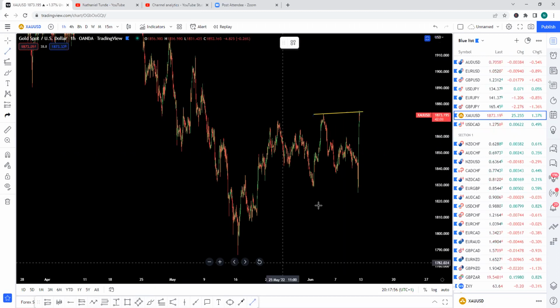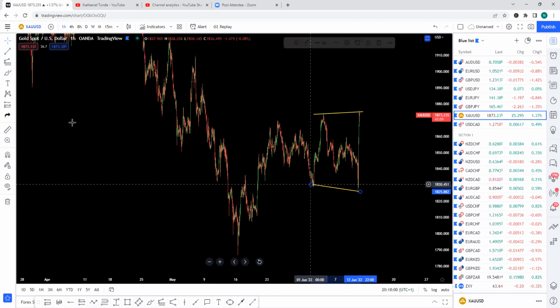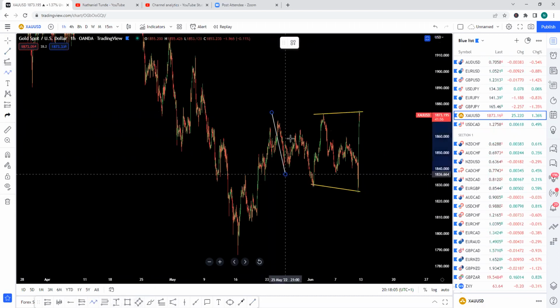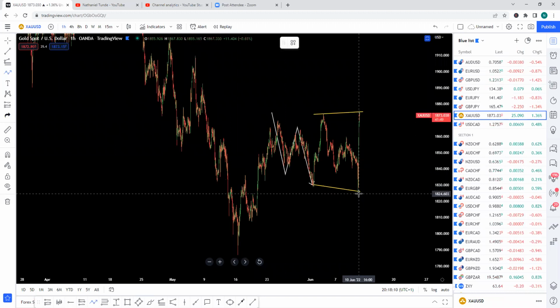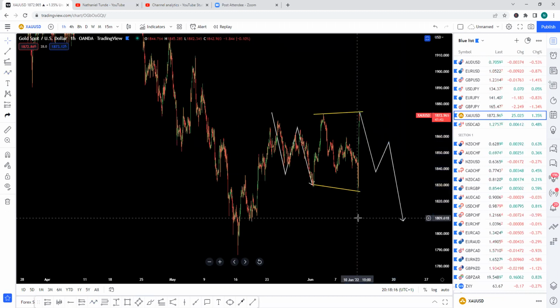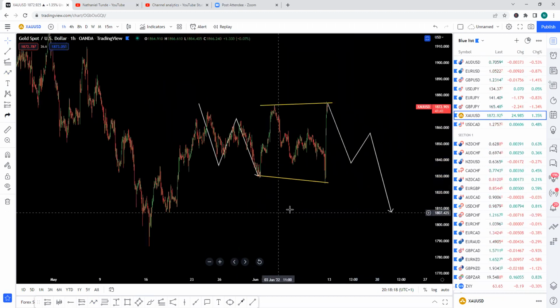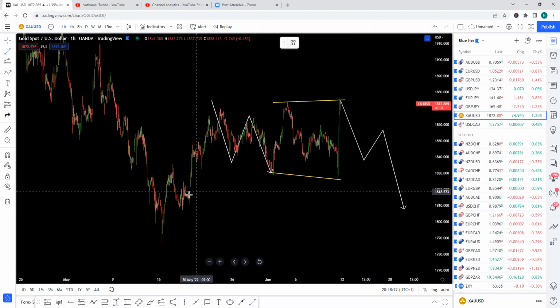Complete structure, and then here, one of the big complex structures. 3 waves here, W, X, Y. It is the Y that will likely come to peak liquidity at the level I suggested before.